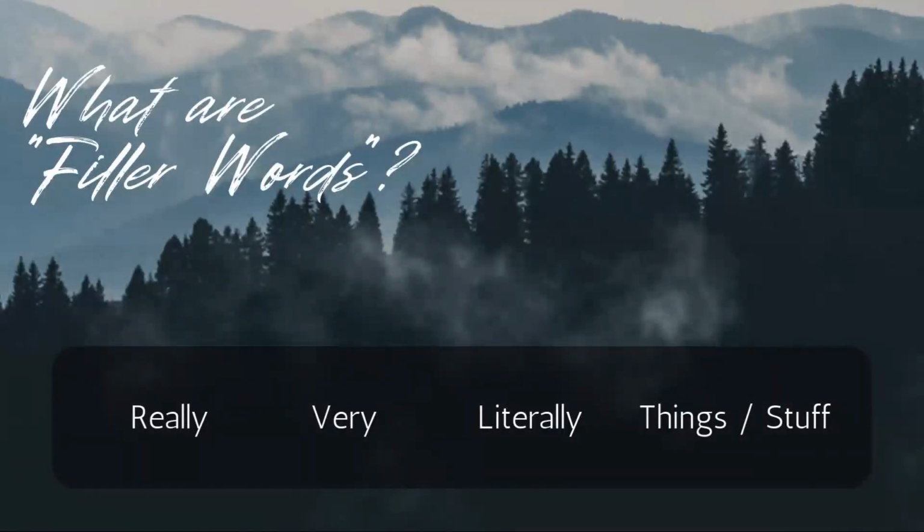So I have written down 4 of the most used filler words, which are really, very, literally, and things or stuff. So, what are filler words actually? Those are the ones that you add in either consciously or unconsciously to your sentences, especially when you're speaking.